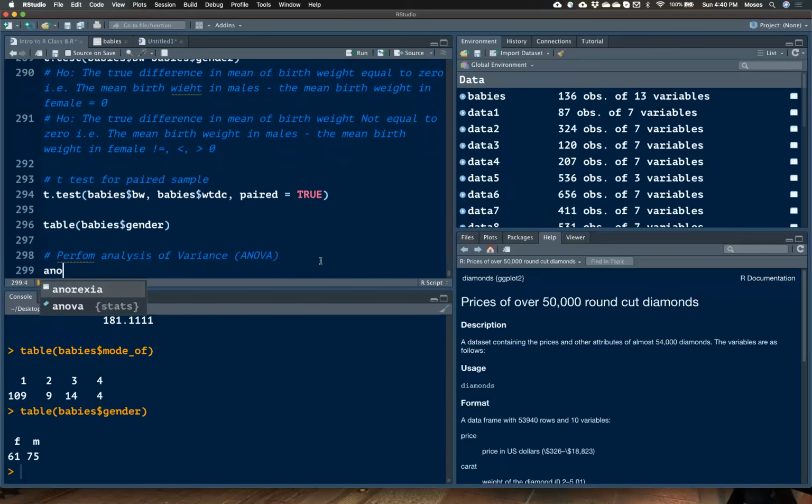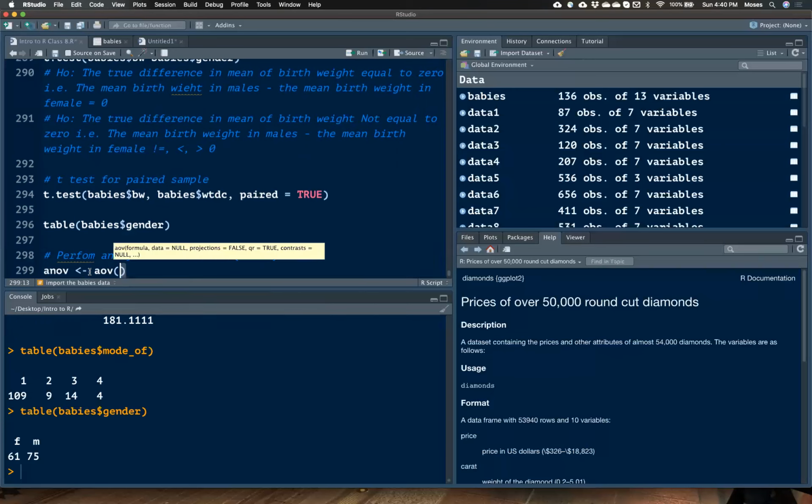So as I said, I will use aov, which means I'm assigning whatever I'm going to get into an aov object.